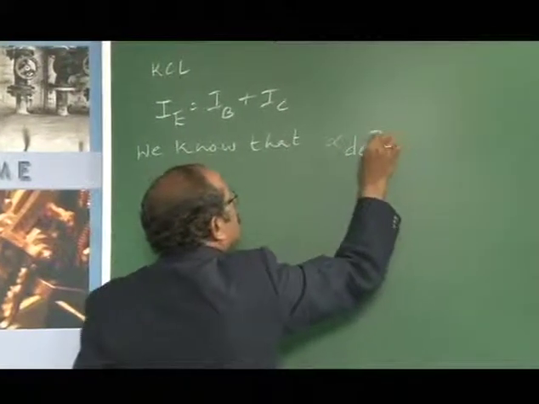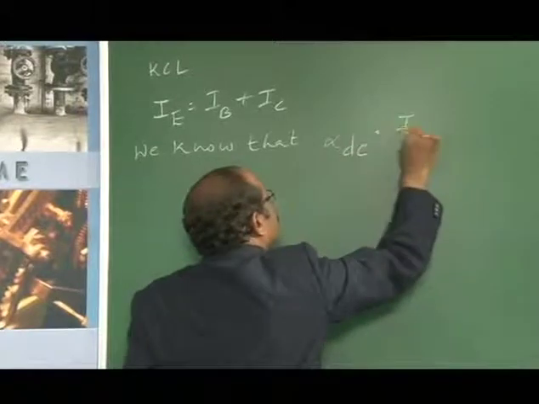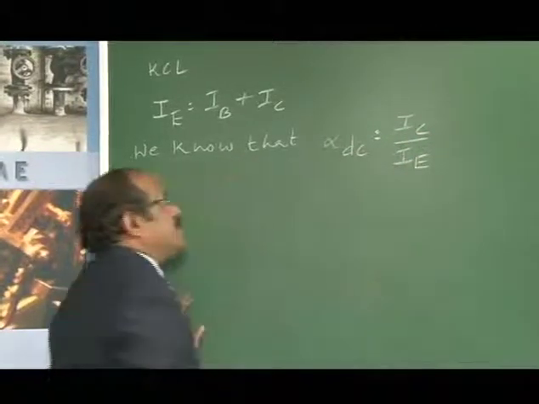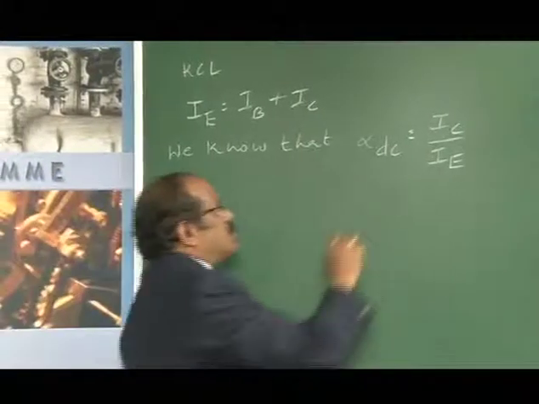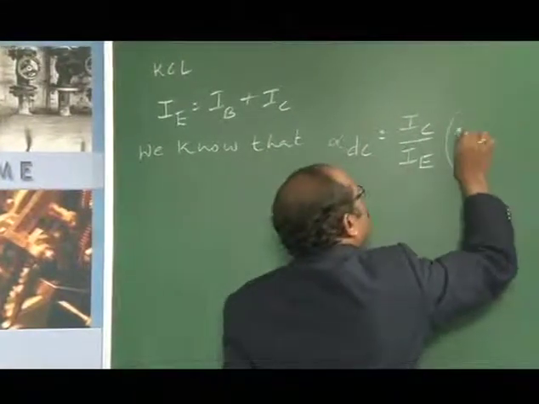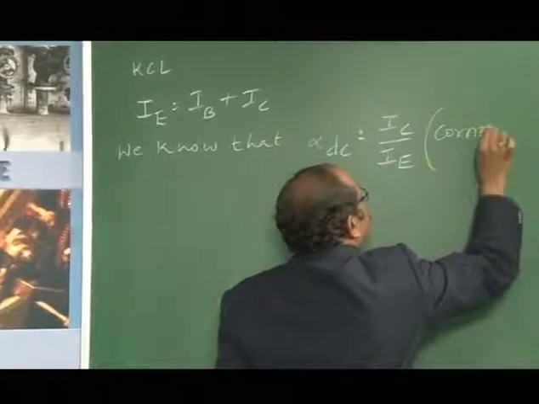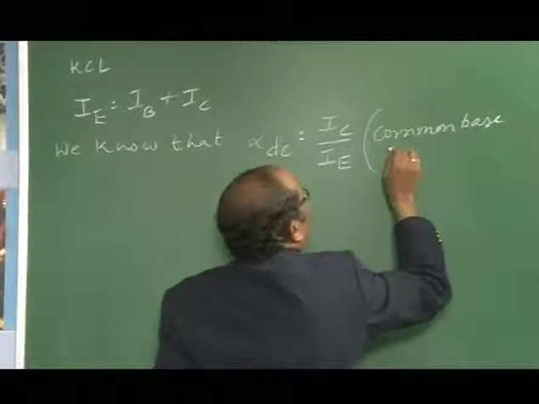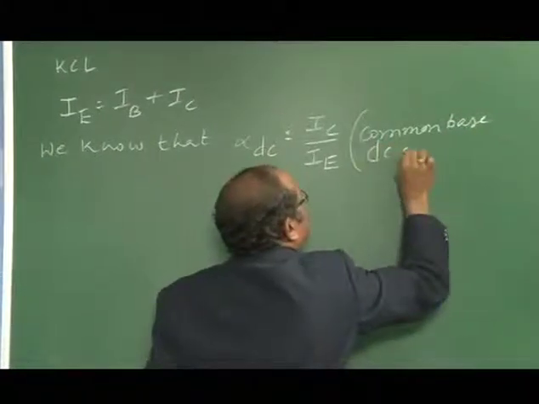It is nothing but the ratio of IC by IE. It is also called the common base current gain, or DC current gain.